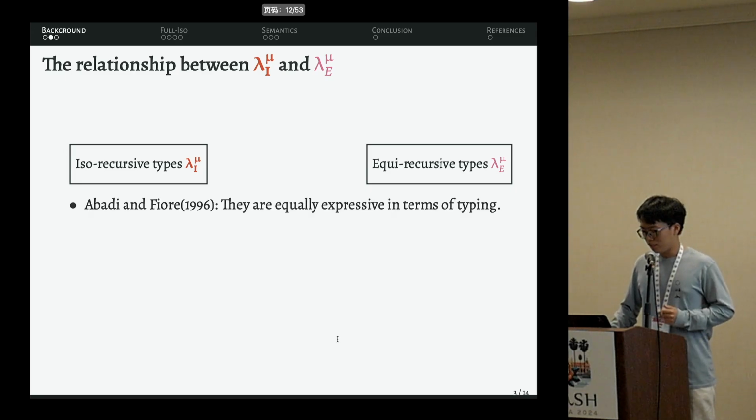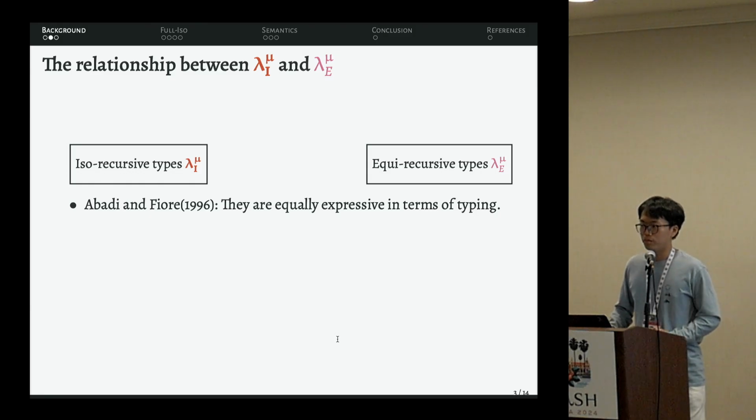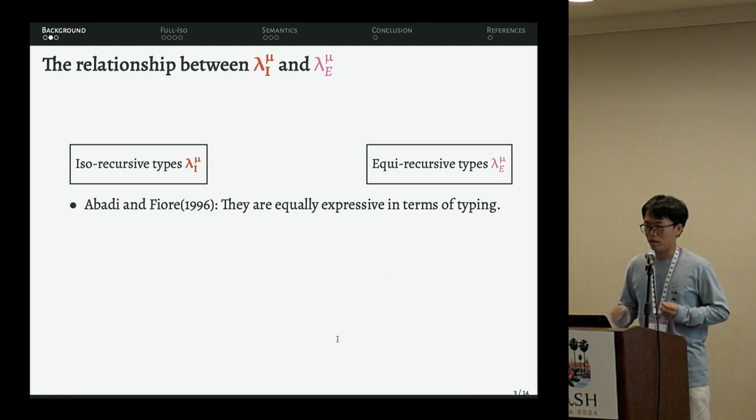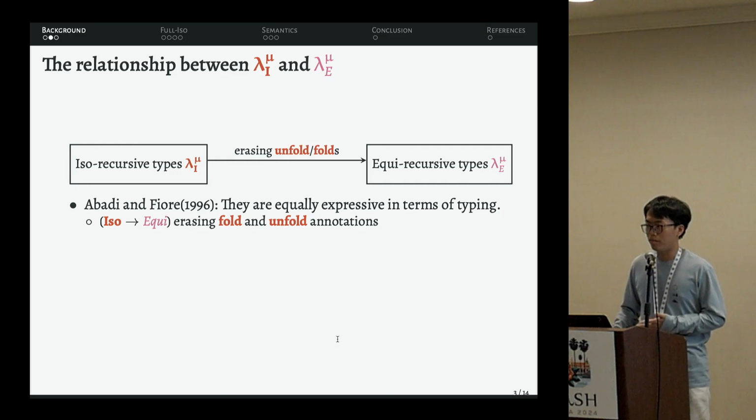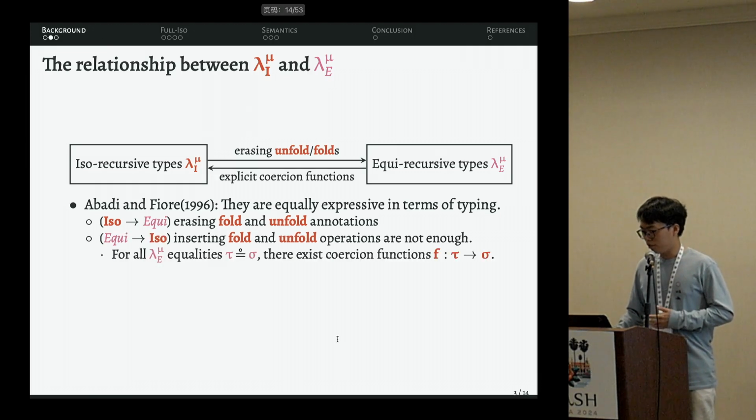Back in the 90s, Abadi and Fiore managed to show that these two formulations are equally expressive in terms of typing. So a term that is well typed in one system, you can translate to the other with the same typing. The easy direction is from iso to equi, where you just erase the fold and unfold annotations. But for the other direction, they show that inserting folds and unfolds is not enough.